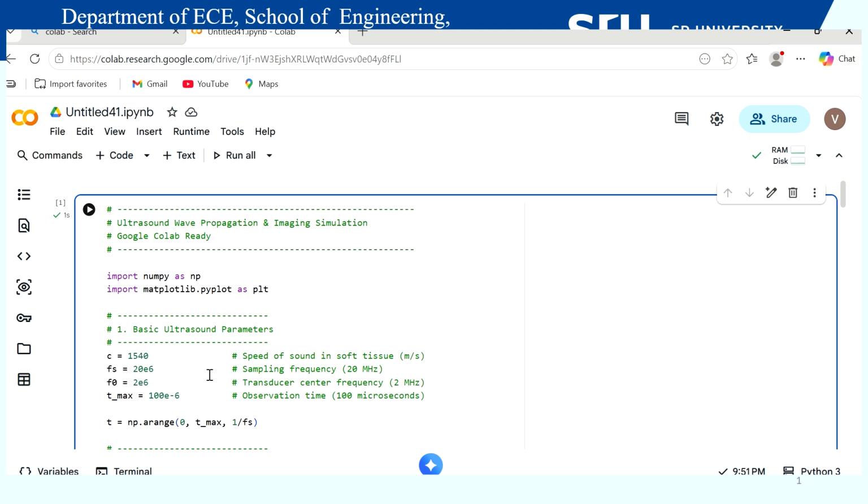Why this much high value? Because the ultrasound frequency is high, that is 2 megahertz. So sampling must be much higher to capture the waveform accurately.